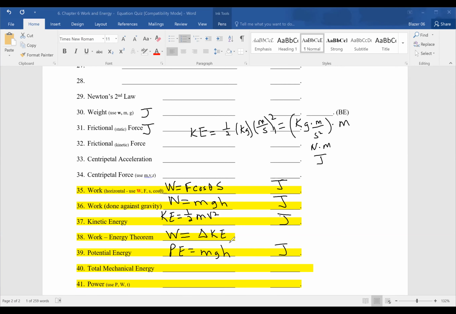The other equation we want to do is total mechanical energy, power, and power. Okay, let me go to her notes.